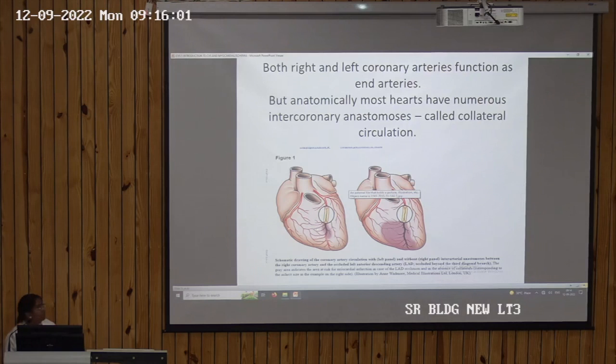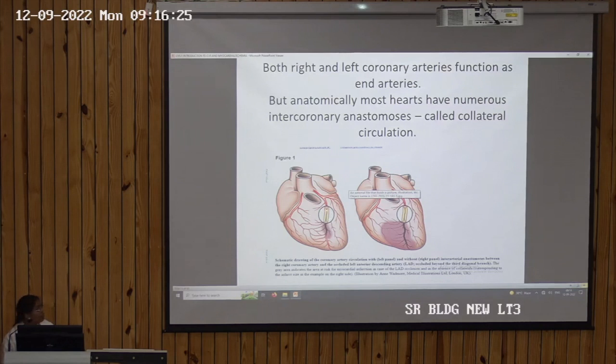Collateral means there is a junction, some vessels develop between the capillaries of both the right and the left coronary arteries. And these collaterals develop as a result of either chronic ischemia or as a result of regular exercises. So this is the importance of regular exercises for development of collaterals.